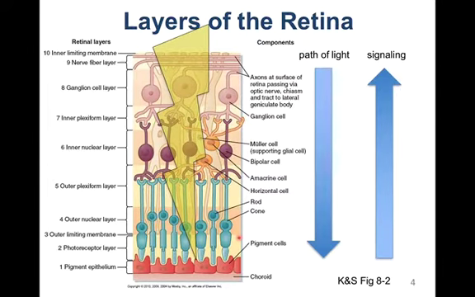Take some time to think about the consequences of signaling if the organization in the retina was inverted, right? So people often talk about the backwards or inverted organization of the retina, but if you take a few minutes and think about it, you should be able to come up with some reasons why this evolved the way it did. Okay, but I'll let you maybe do that on your own time, and we can revisit it later. But take some time to think about that.